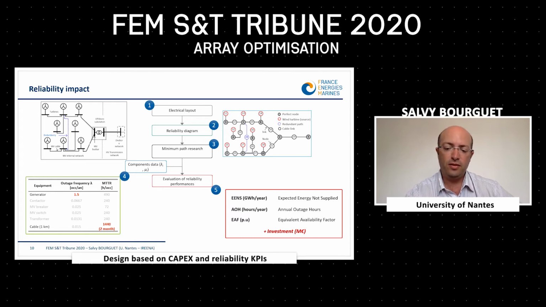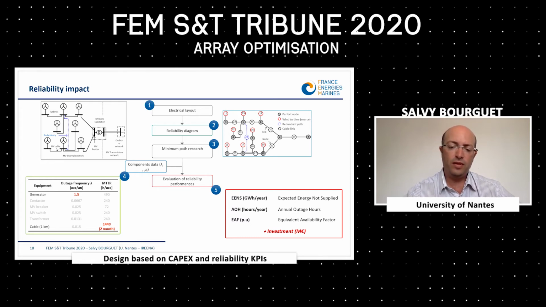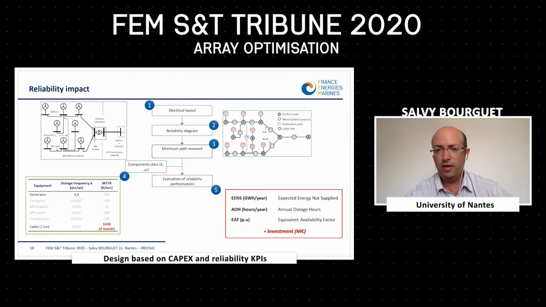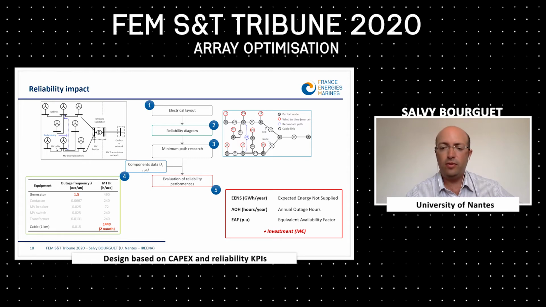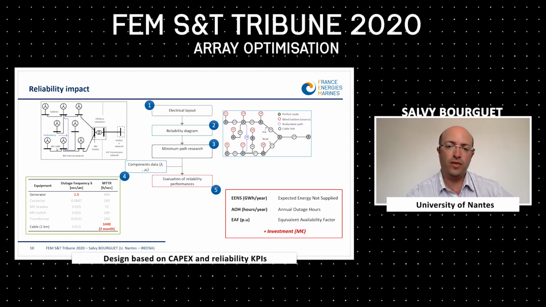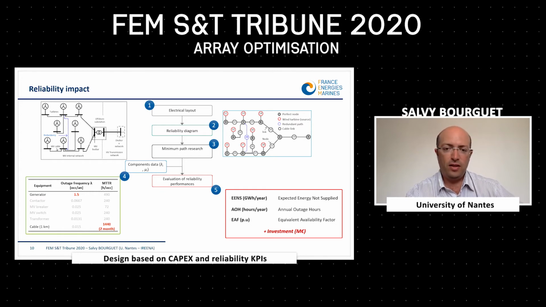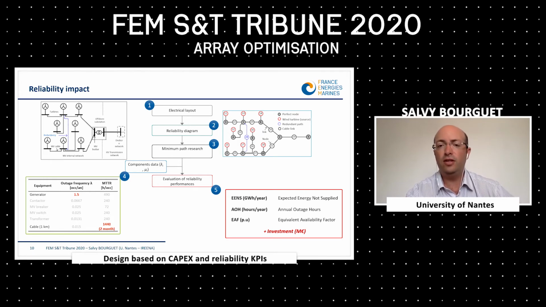So it's an approach where we look for the minimum path research, which means what are the ways that could follow the energy or the power to go from one source to the number one.